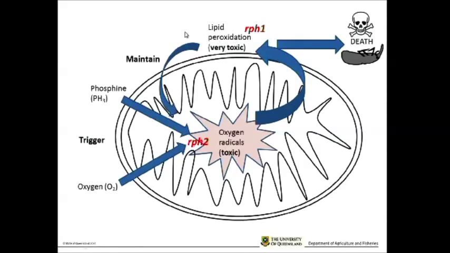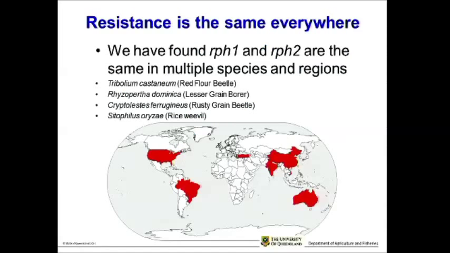And some of the damaged fatty acids that are released from that can act on the energy metabolism enzymes and trigger the further generation of reactive oxygen species. And so it's a self-amplifying system. So that's where I'm going to hand over to Dave, and he'll talk more about the management issues.